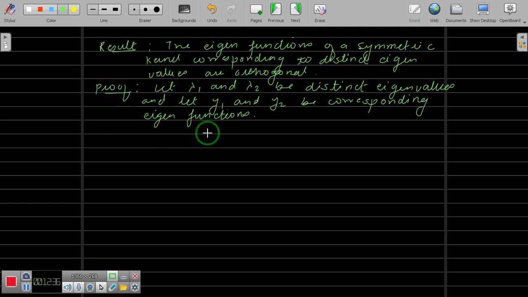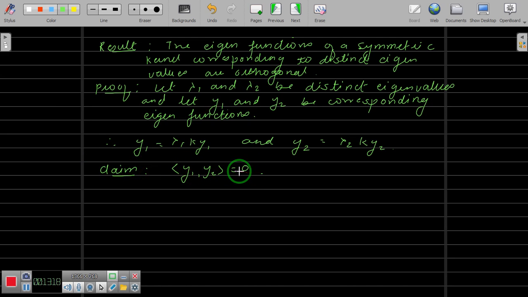Now, since lambda 1 and lambda 2 are eigenvalues and y1 y2 are corresponding eigenfunctions, we will have y1 equal to lambda 1 k y1 and y2 equal to lambda 2 k y2. And we have to show that the eigenfunctions of a symmetric kernel corresponding to distinct eigenvalues are orthogonal. So our claim is inner product of y1 and y2 is 0.